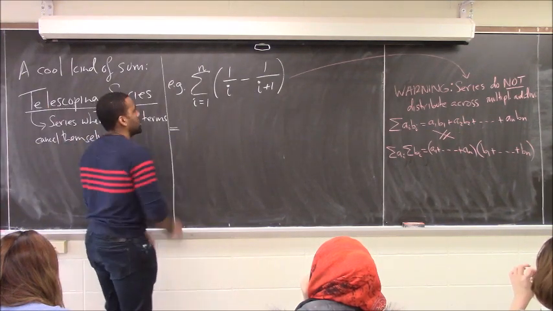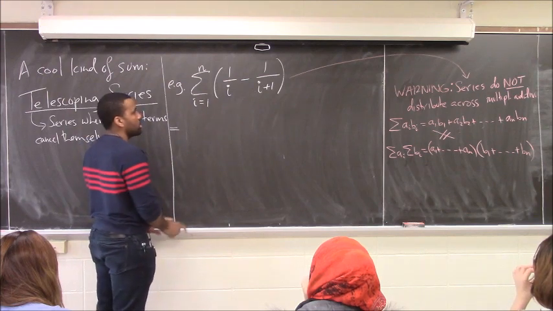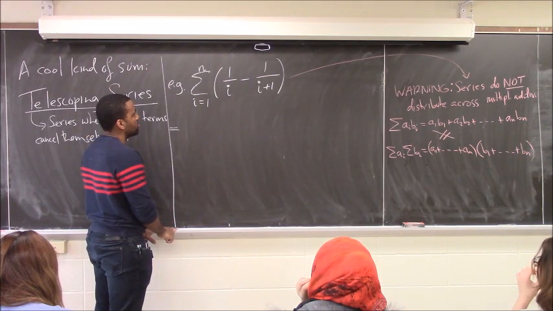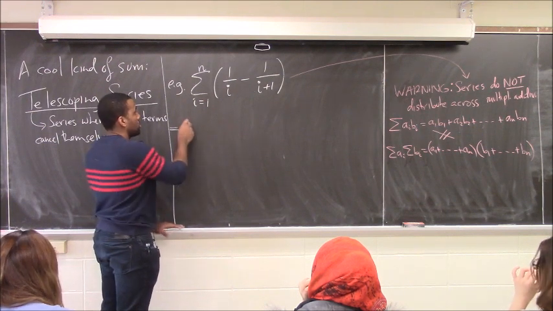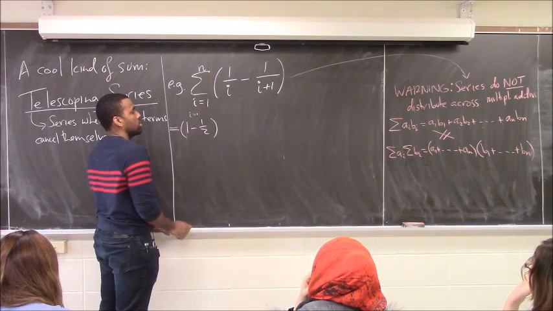If you start actually adding these terms up, what would the first term look like? Let's see if we remember how to read these things. What's the first number here? Yeah? It'd be 1 minus 1/2. So that happens when i equals 1.